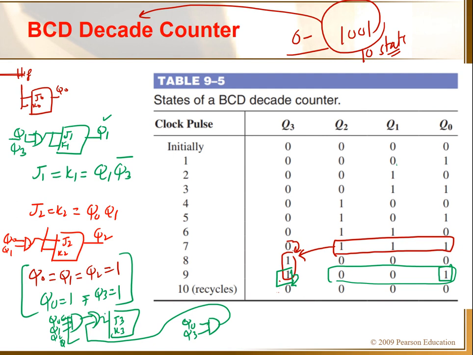I will sum them and then feed here for J3 and K3. So this will be the logic for the Q3 implementation.